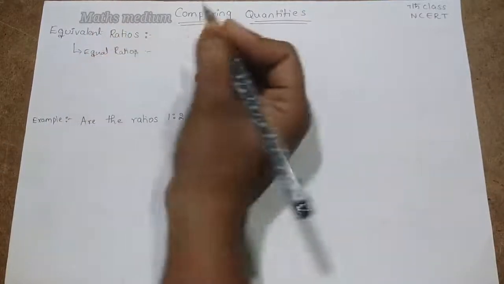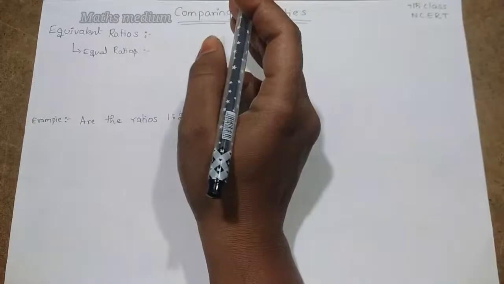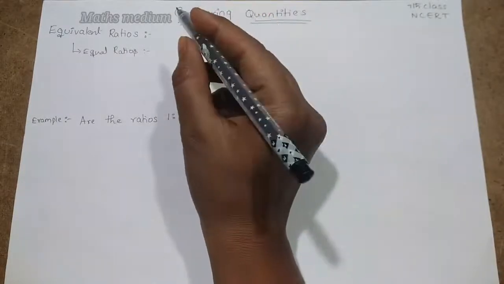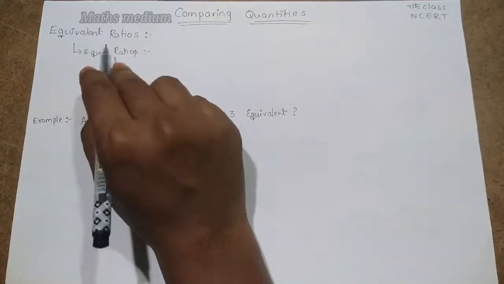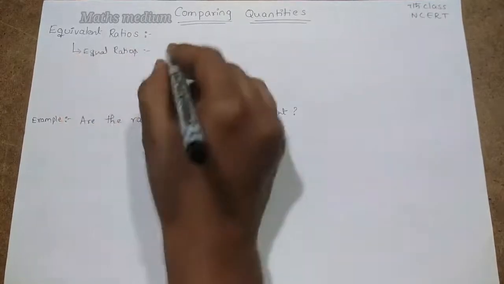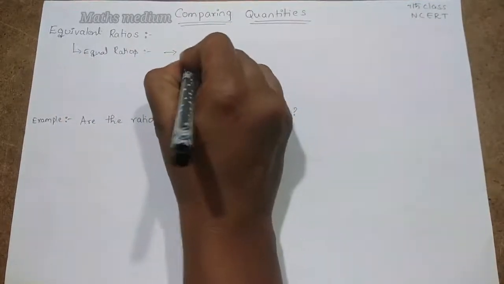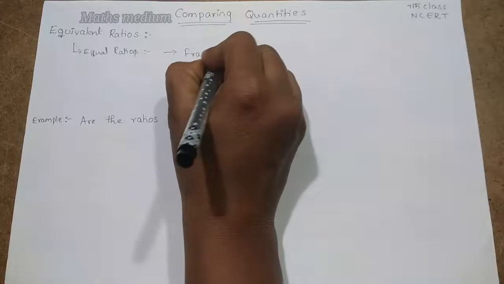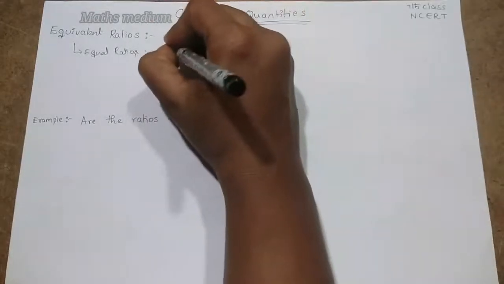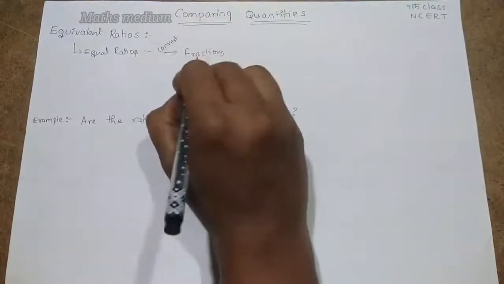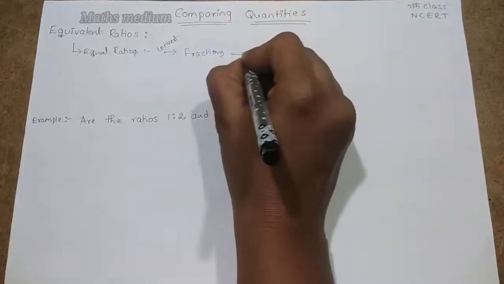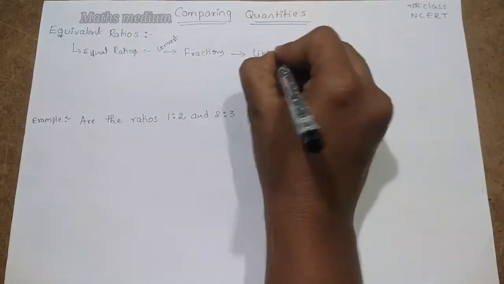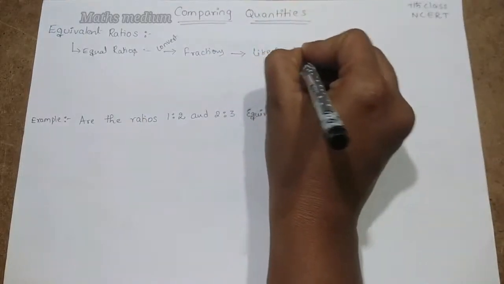Different ratios can be compared because we have to know whether they are equivalent or not. In this process we have to make the given ratios into fractions. First of all we convert the given ratios into fractions, then these fractions into like fractions. Why are we using like fractions?